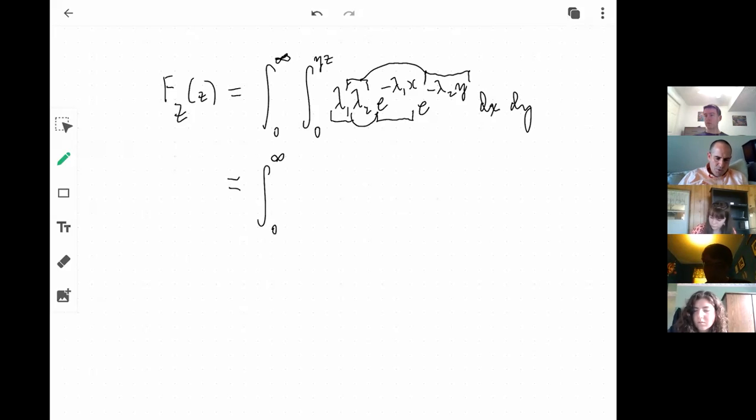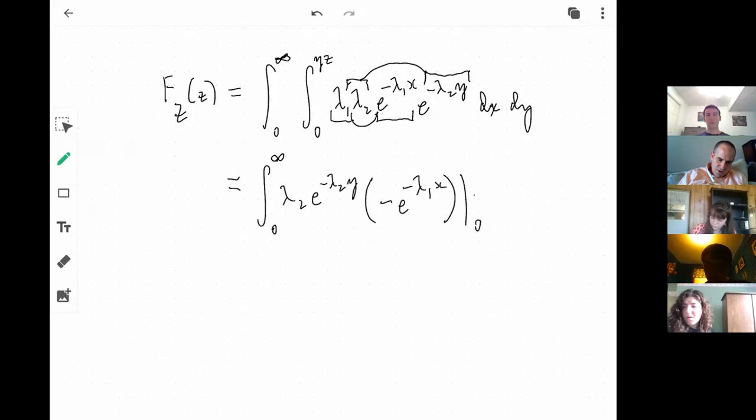So I could use lambda 1 to help me do the antiderivative of the first thing. So this is going to be lambda 2 e to the minus lambda 2 y, and the antiderivative is going to be minus e to the minus lambda 1 x, evaluated between 0 and yz, dy. Does that make sense?